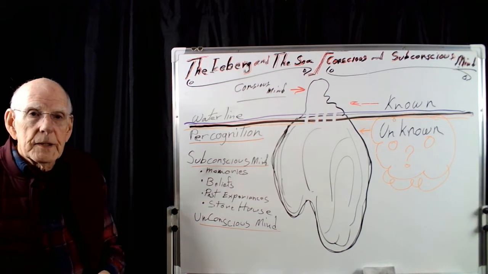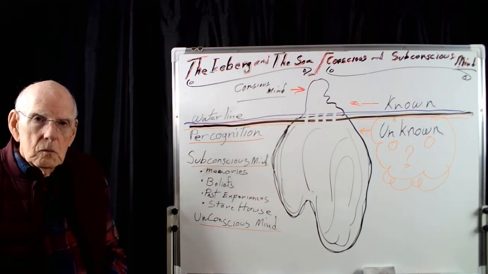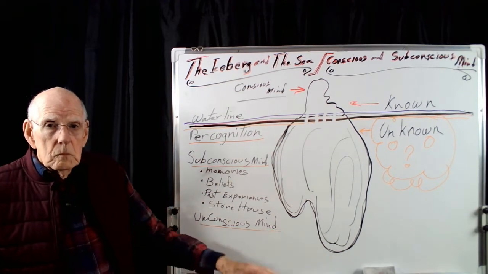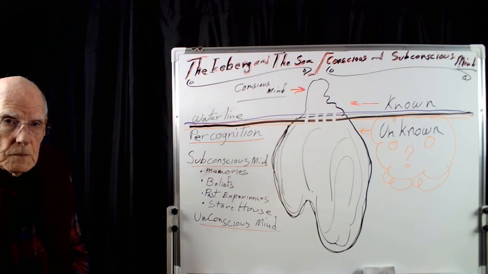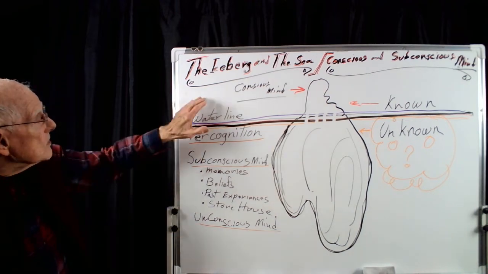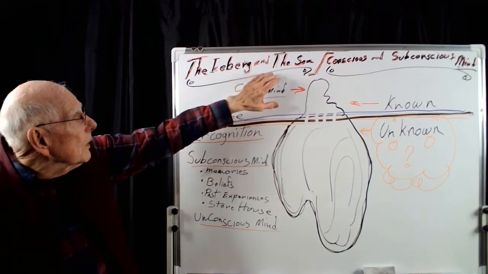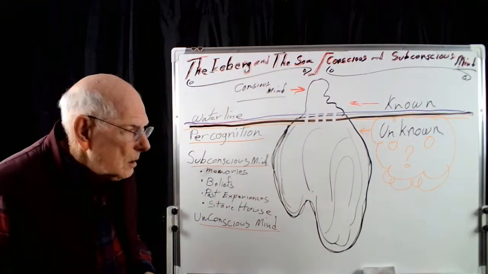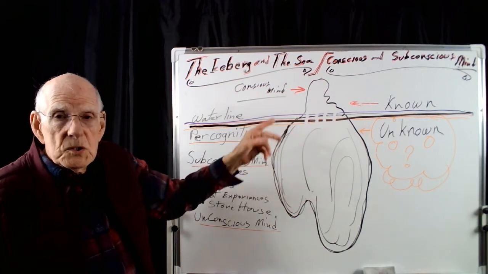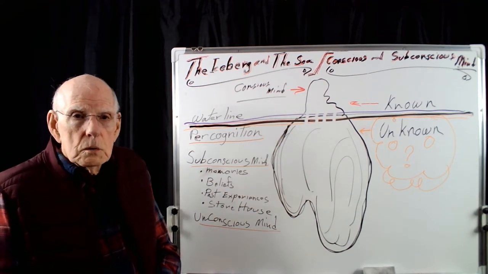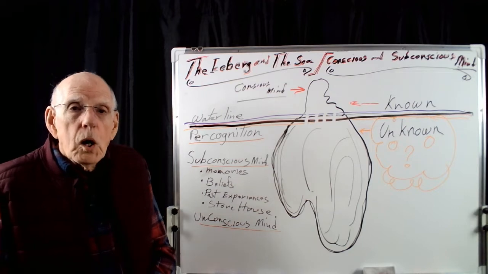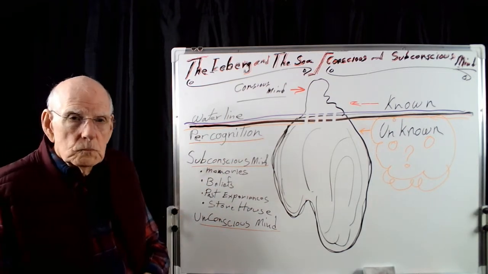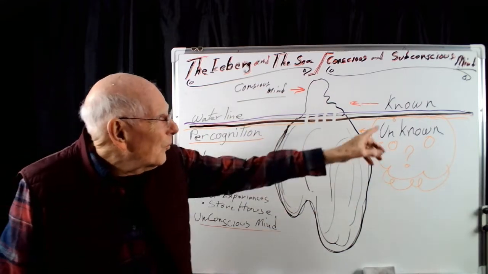Nobody knows where that is either. There's some theories from some people. Nobody knows where it is. So in this model, the iceberg and the sea, the conscious and the subconscious is the slowest and smallest. But it's all we know. Is what we know.